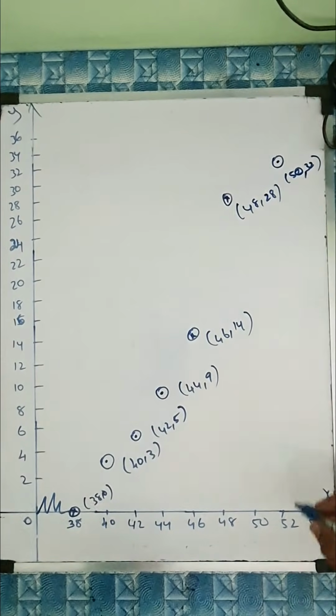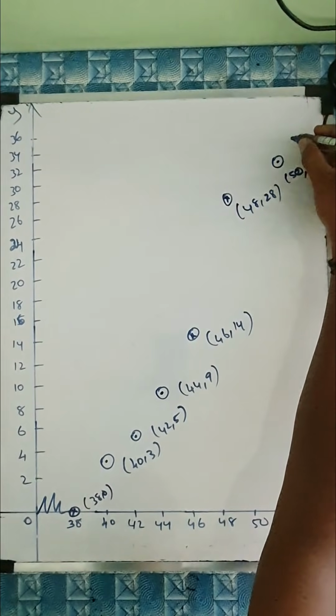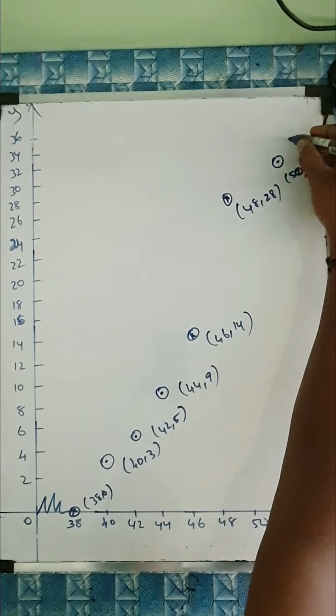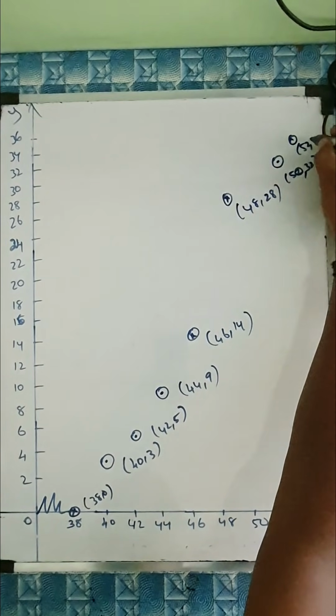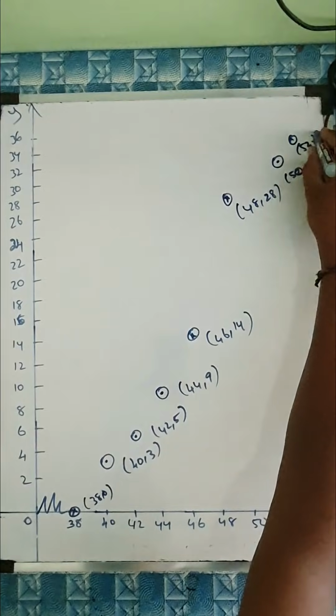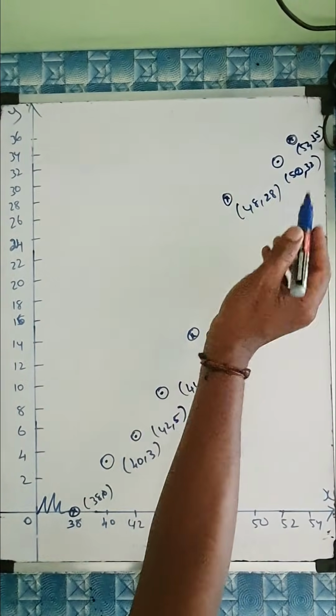Last, 52 is 35, which is between 34 and 36. So 52 is 35, you just mark it here.